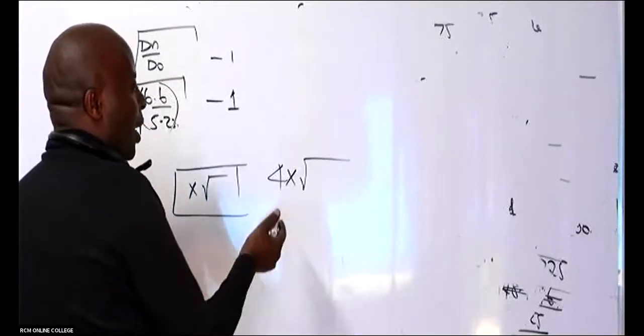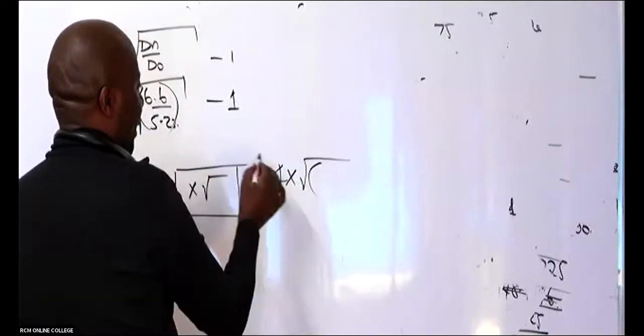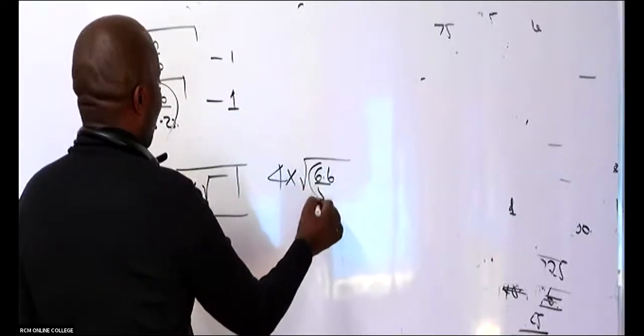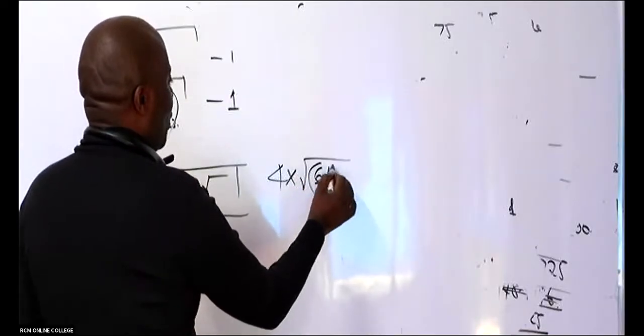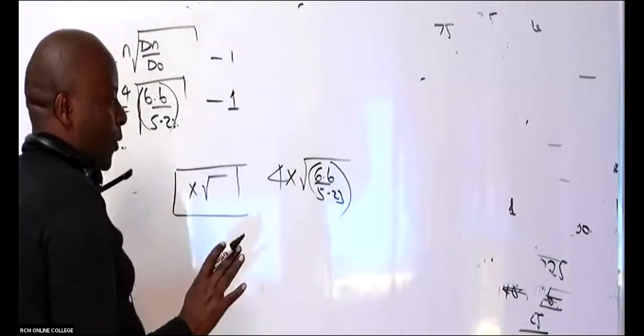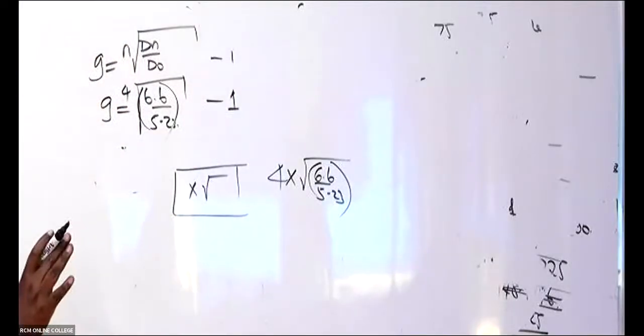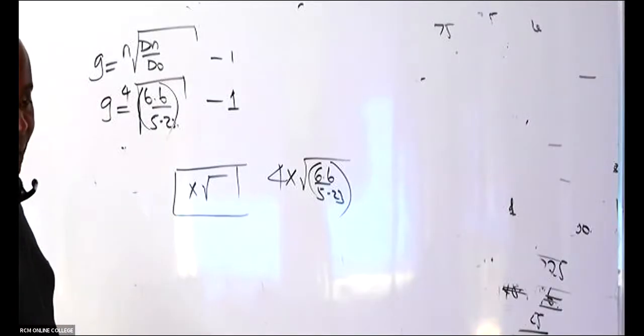Once it's shown, you can put this into brackets: 6.6 divided by 5.23, then close bracket, and equals. Whatever answer you get, you subtract 1 from it.